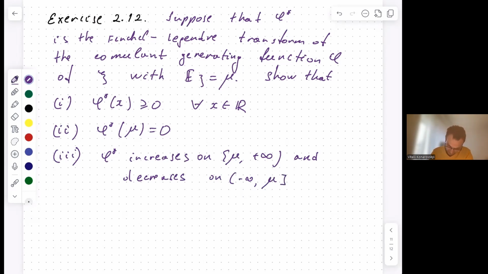Next, phi star of x is positive for every x that is not mu.